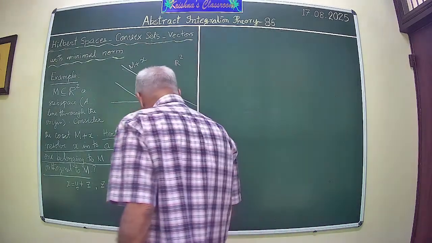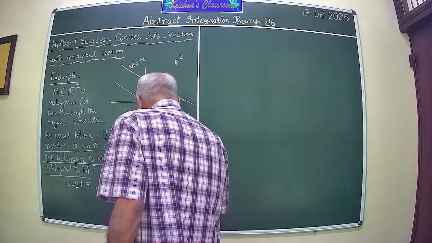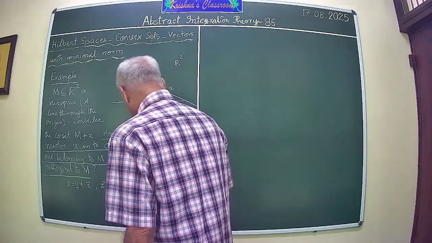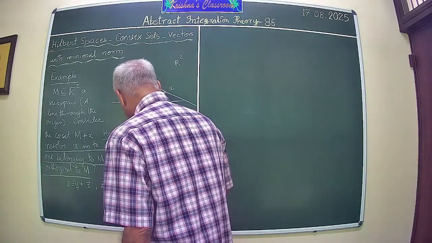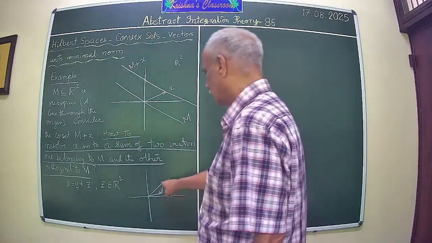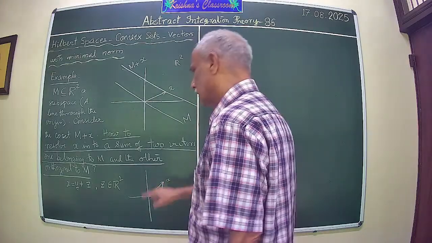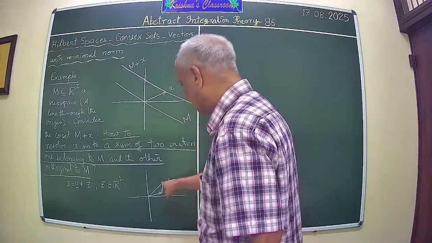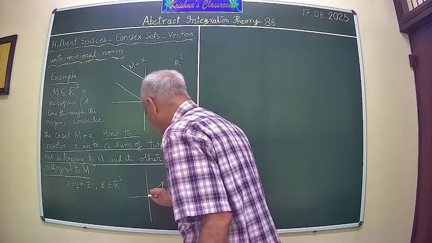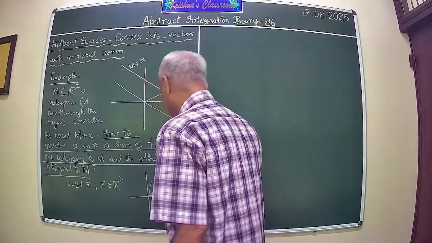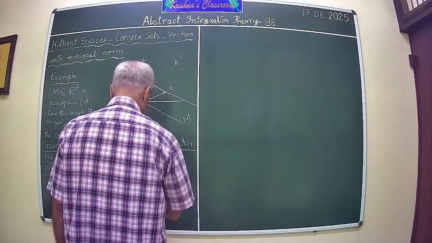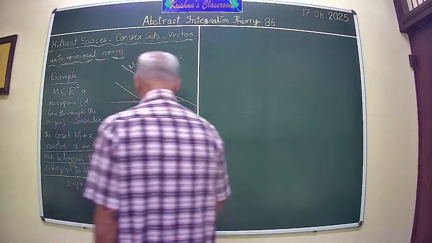How to work on this? See, it's quite easy to work on this because you know that the vectors add by parallelogram. So you choose, draw this line connecting X with Y, the point X with the point Y. Now you draw a line parallel to this line, okay, and then complete the parallelogram.